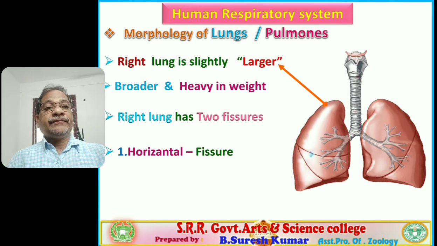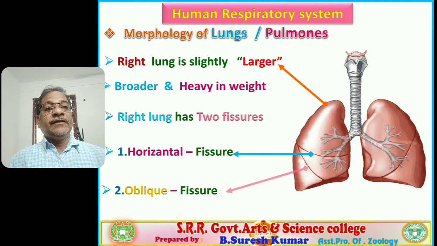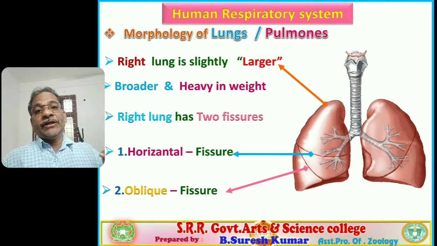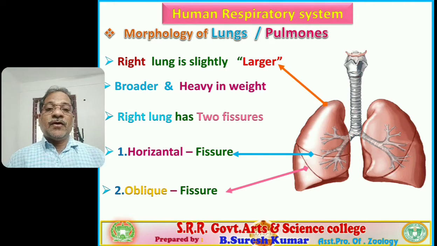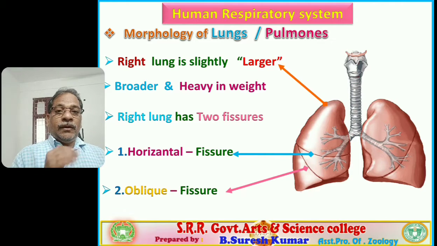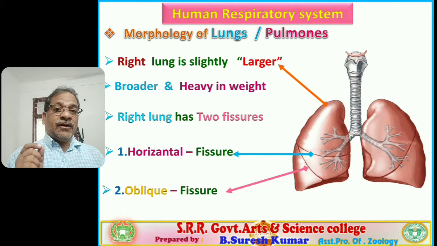And another one, the oblique fissure. You observe in the visual, the oblique fissure is seated in an oblique fashion, hence termed oblique fissure. So the fissures of the right lung are the horizontal fissure and the oblique fissure.